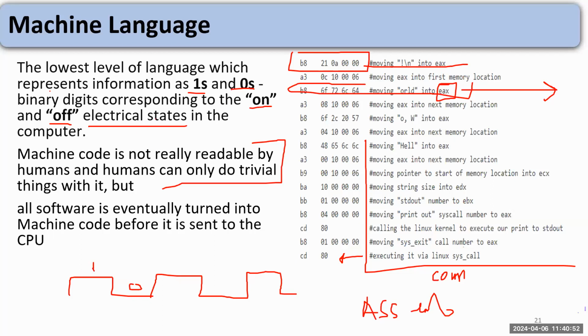So all software must be turned into machine code before being sent to the CPU. The CPU means the central processing unit, the main processor of the computer, whether desktop, laptop, tablet, or anything else.